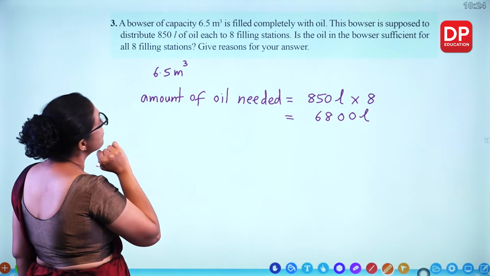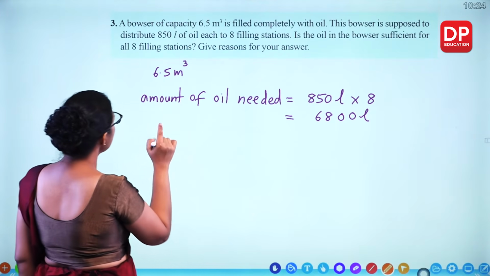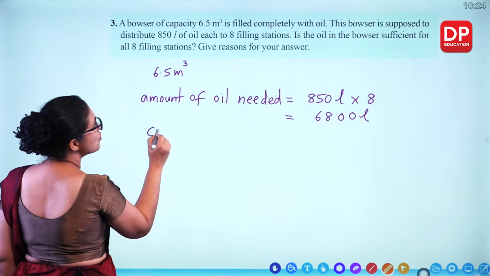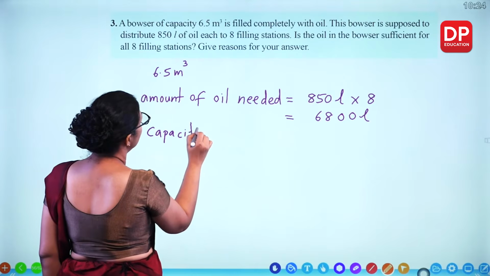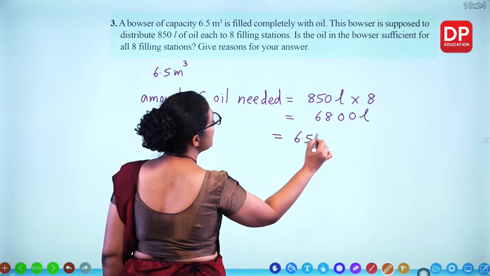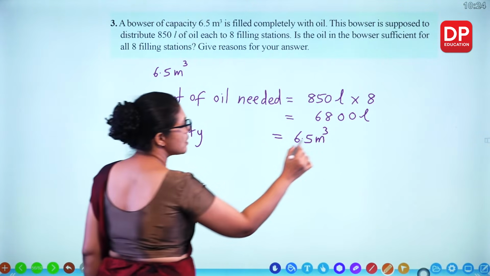Now, what's the bowser capacity? Capacity is equal to 6.5 cubic meters. How do you convert to liters? Multiply by 1000.